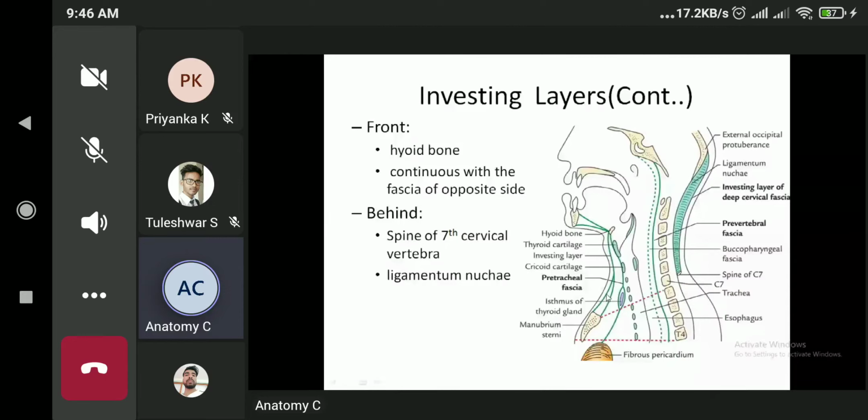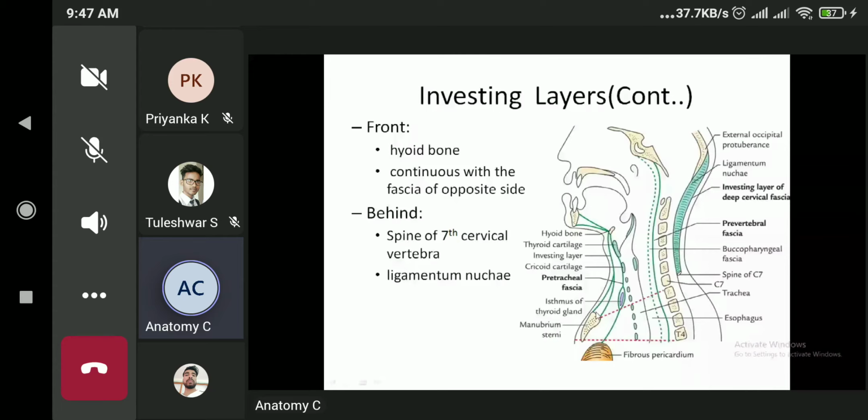As you can see in this diagram, the anterior layer is attached to the anterior border and the posterior layer to the posterior border of the manubrium sterni respectively.